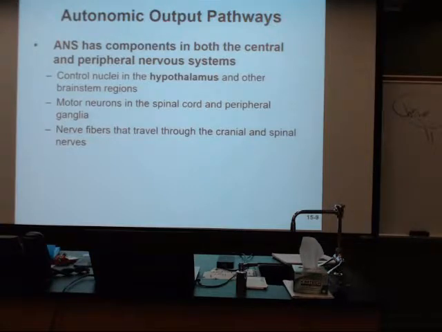It has now told me right here, control nuclei. What did the term nuclei represent? Nerve cell bodies. And then other brain stem regions. Is everybody following me on what I've just described?